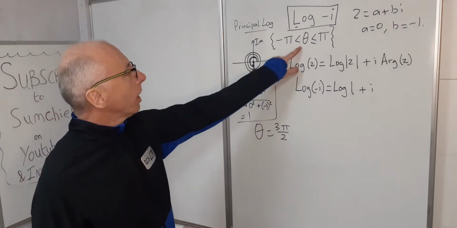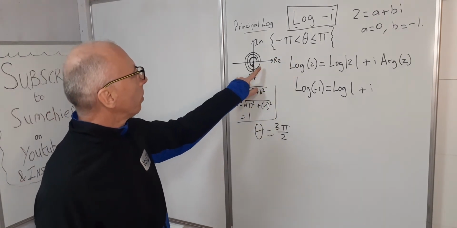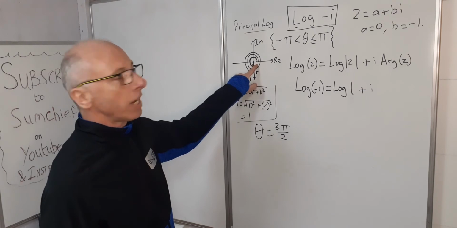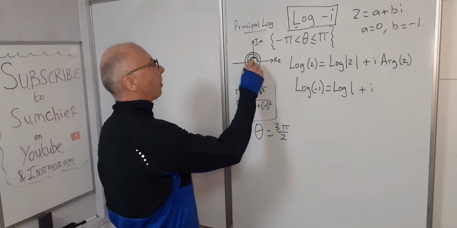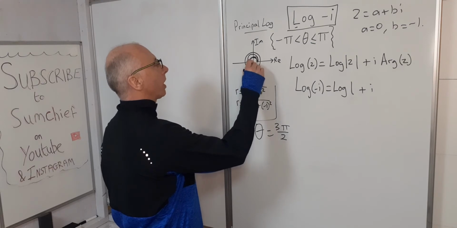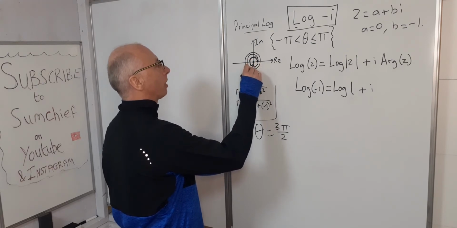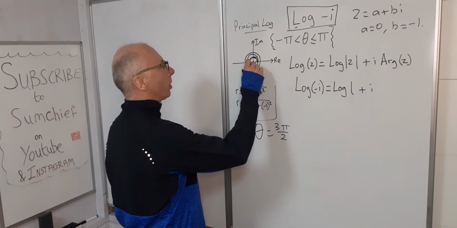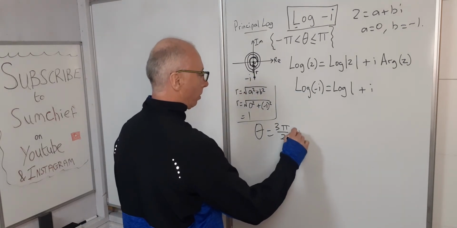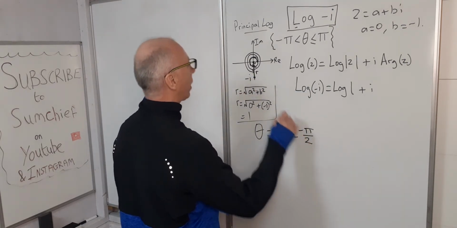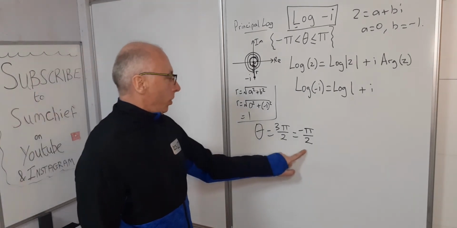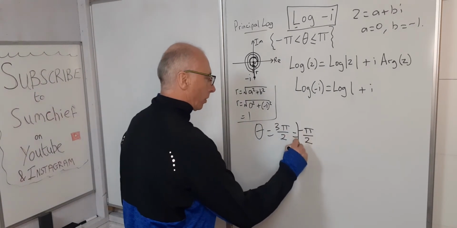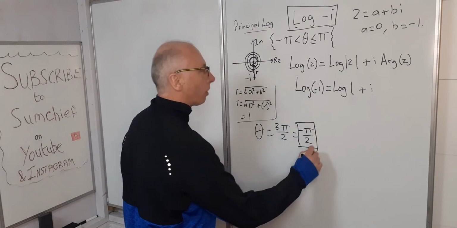So what we need to do is get an argument of our z that fits into these brackets here. So instead of going this way round, we can go the negative way round and go this way. So there, we're just turning a right angle. We can just say that is negative pi over 2. That will be the same. So we have to work with that as negative pi over 2.